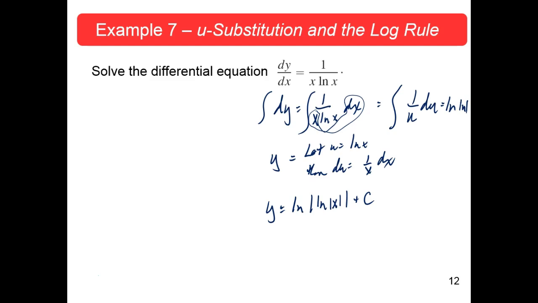So I think I will go back and take out that innermost set of absolute values, because in the original problem they had a log x without absolute value, so that must make sense. But because that log x could be negative, you have to put that in absolute values, okay? And that's how they wound up leaving their problem. y is equal to log of log x plus c. All right.